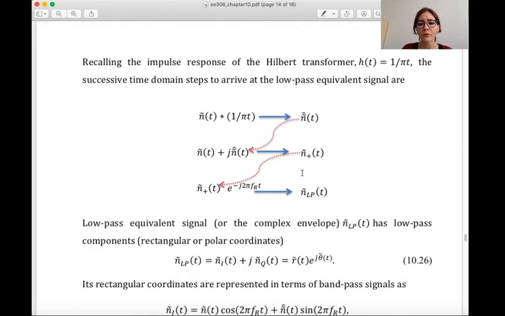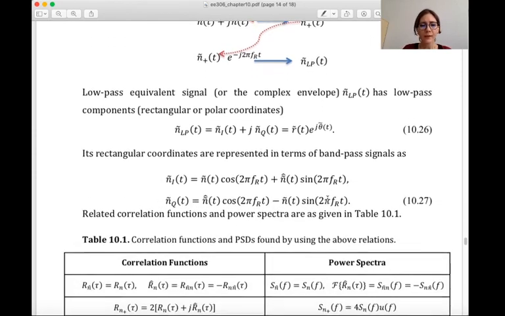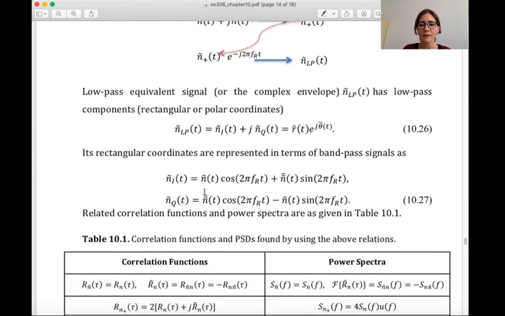Then we derived all these processes: n hat is the Hilbert transform. Take n plus j n hat, you get the pre-envelope. This is also wide-sense stationary and zero mean. Then take the pre-envelope, multiply by the complex exponential, and you get the complex envelope, or the low-pass equivalent random process. You can then get Ni and Nq in terms of the original bandpass process N and its Hilbert transform.